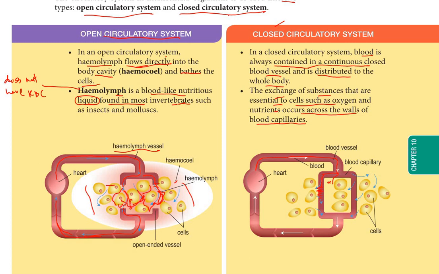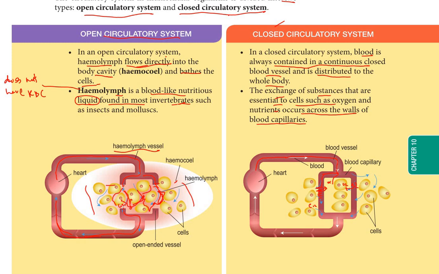So the oxygen from the blood will diffuse to the cell through the blood capillaries. Let's say we have oxygen here, I draw oxygen here. So oxygen in the blood will diffuse through the wall of the blood capillaries to the cell, not directly from the blood. And at the same time, let's say we have carbon dioxide here.